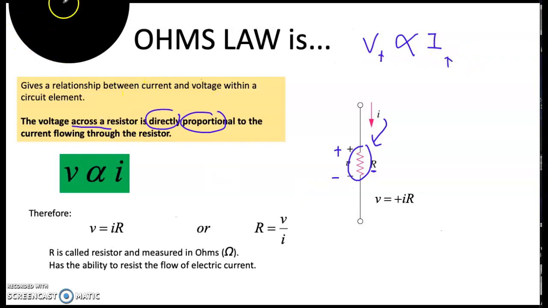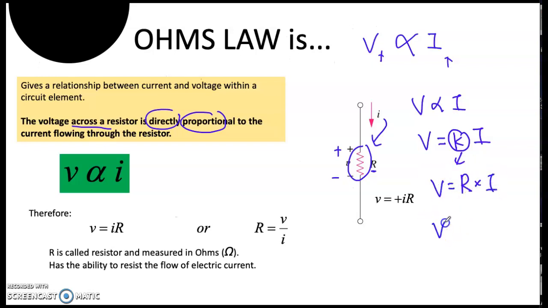So how do you write the notation? V is proportional to I. If you change it to equal, you need to introduce a constant, and the constant here is what we call the resistance. So V equals R multiplied by I, or usually we write IR.